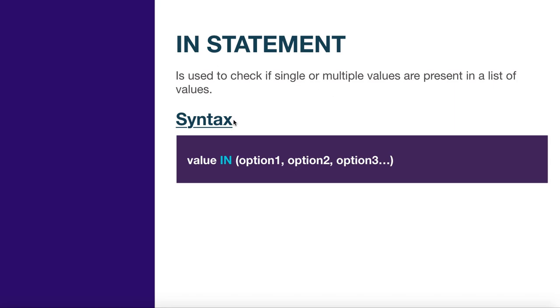So the syntax is value, which is the column name or whatever value, IN, and you need to specify what type of value you're looking for in that column. Option 1, option 2, option 3 are the values that you want to search or look up in that particular column. So let's take a look with an example.